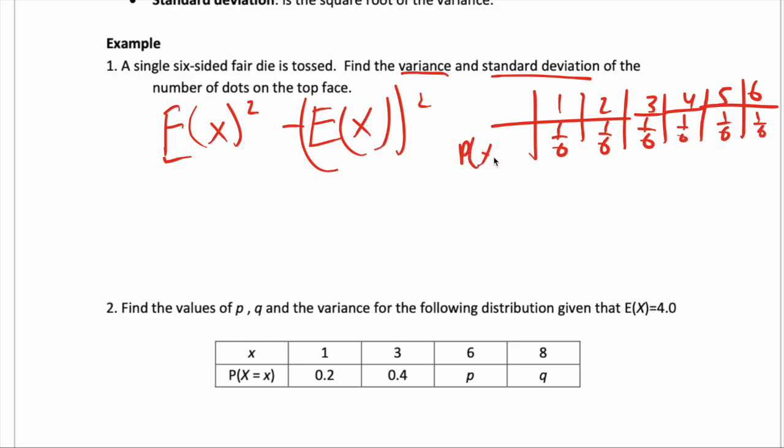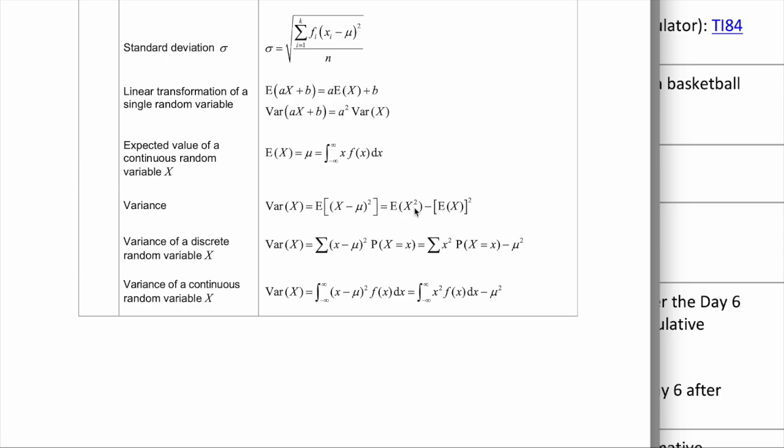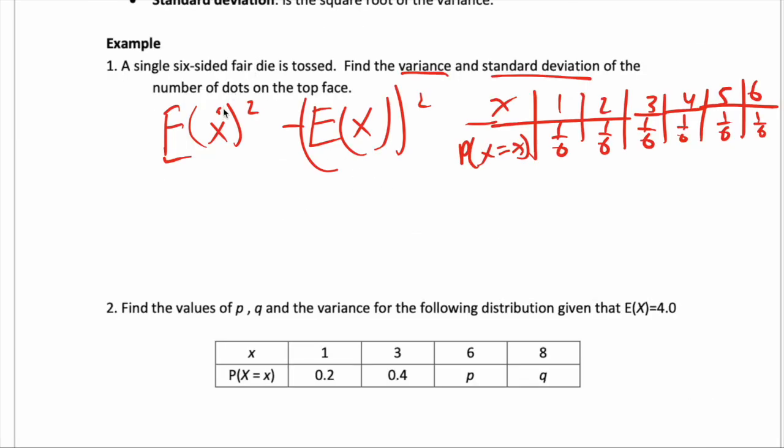This is probability x equals x. Did I write this x squared? I kind of wrote that wrong. So first of all, let's get the expected value of x. Actually, we did that above.